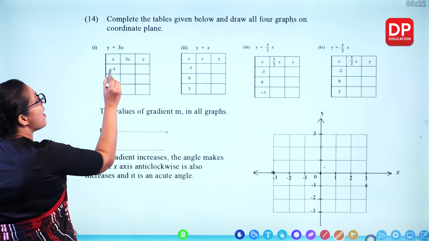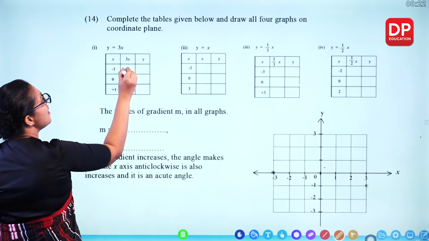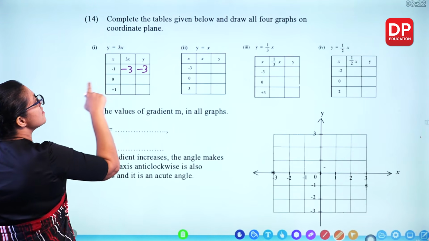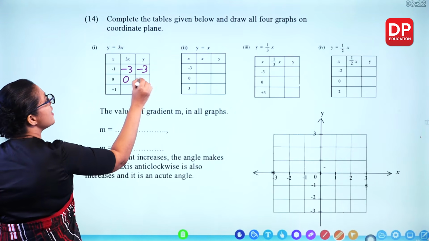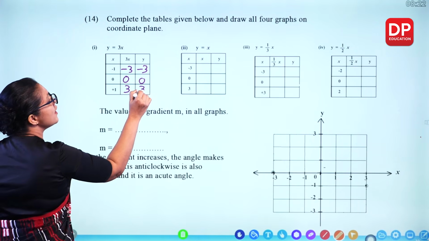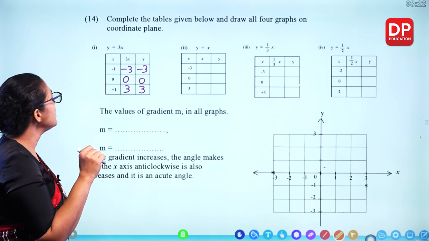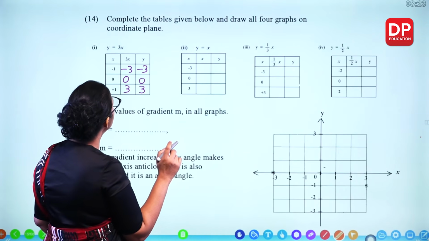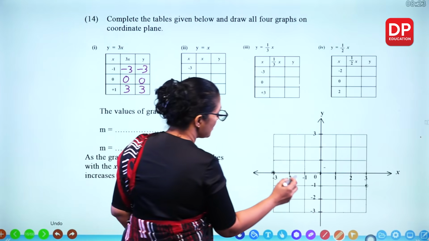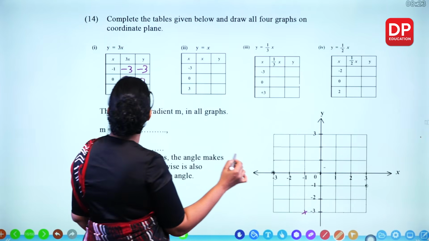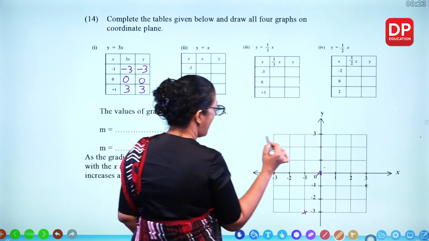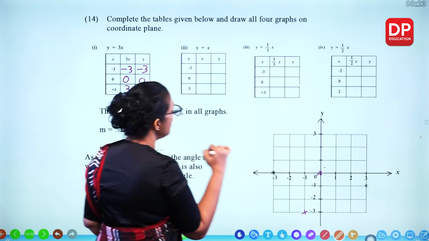So when x is -1, 3 times -1 is -3. Then the y value becomes -3. 0 times 3 is 0, y is 0. 1 times 3 is 3, the y value is 3. Now we'll try to draw that. -1, -3. 0, 0 and 1, 3.